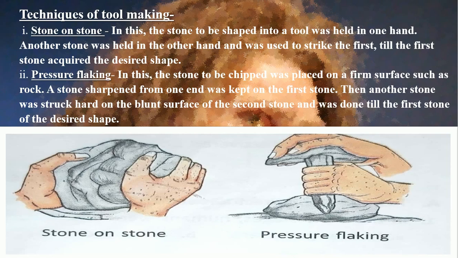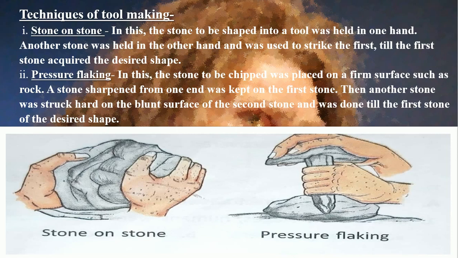And the second one is pressure flaking. As you can see here, the stone which is to be chipped was placed on a firm surface such as a rock.